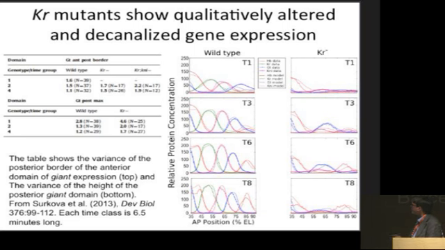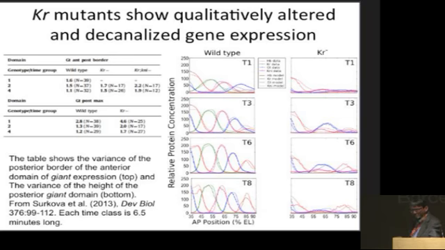So this is the variance of its border, which increases by about 50% in Kruppel minus compared to wild type, and the maximum of the posterior domain, which actually fluctuates quite a bit, about 70% more in Kruppel minus than in wild type. So in fact, Kruppel does become decanalized at the gene expression level.